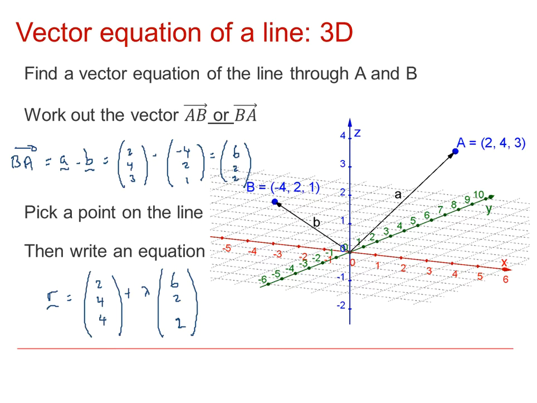Now remembering that these are not necessarily unique, because 6, 2, 2 has a factor of 2 that we could take out, we could say that r is equal to 2, 4, 3, and then plus mu times the direction vector 3, 1, 1.